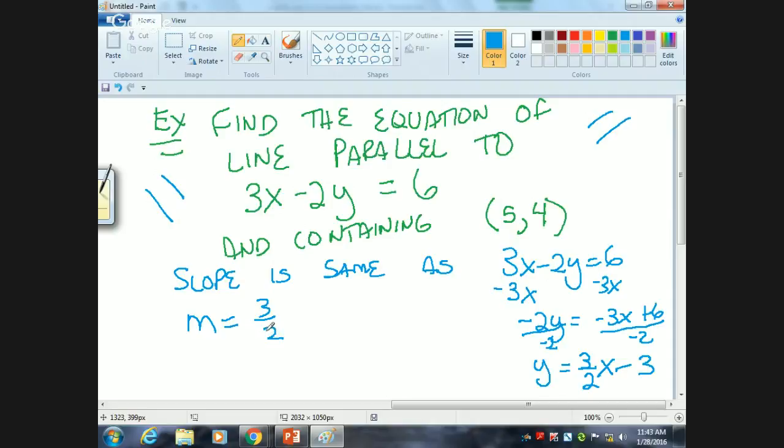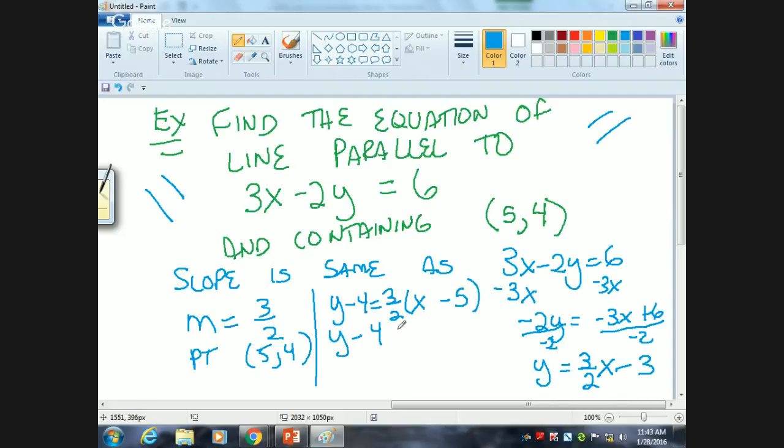And if our slope is 3/2, then our point contained, well, it's the only point we have, so our point is 5, 4. We can go off into point-slope form. Say y minus the y from this point equals slope times x minus the x from this point.